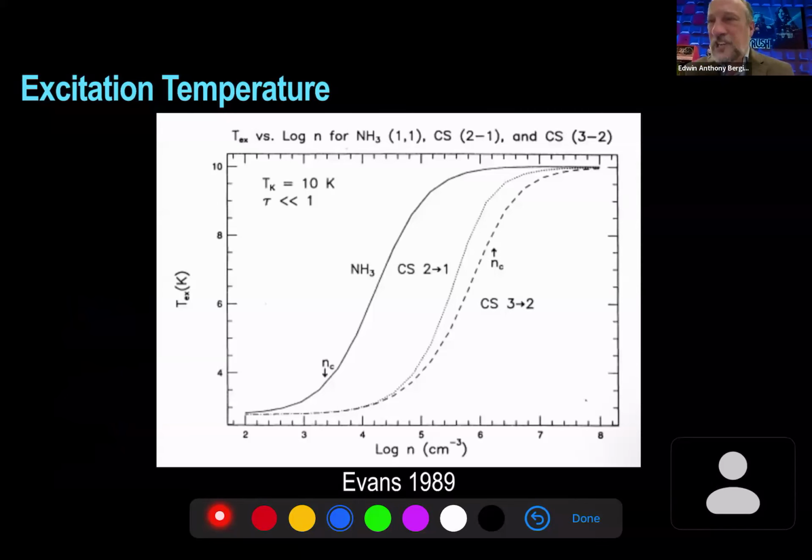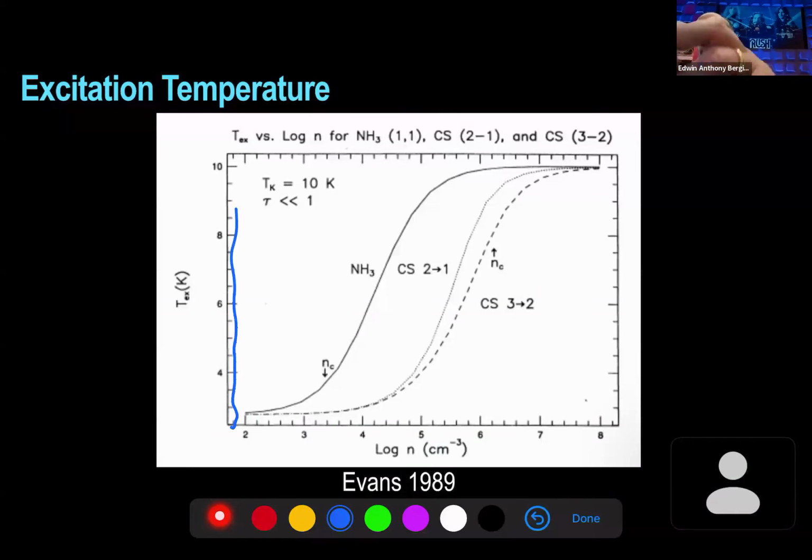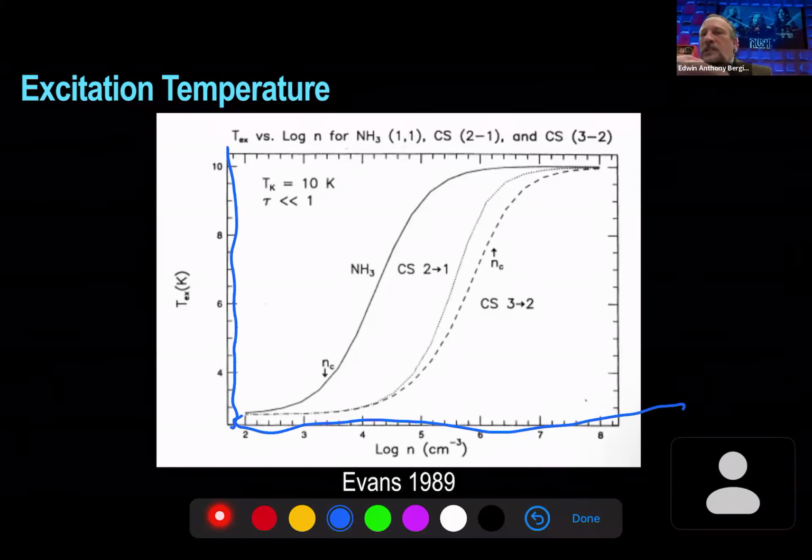So what does this mean? This picture shows it to you. This is the excitation temperature here. This is density. This is CS, one of the molecules. This is the 2-to-1 transition, and you're looking at the excitation temperature. What is the excitation temperature for the 2-to-1?